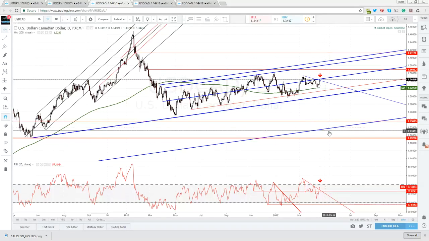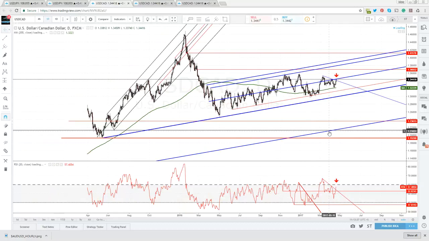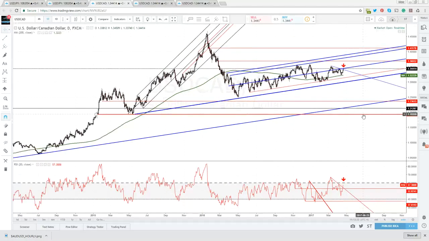And at some point, we're really going to drop down to 120. That's what I'm thinking. So maybe time, if it goes higher, to add to short some. I shorted a little bit already, and it's a longer term trade.